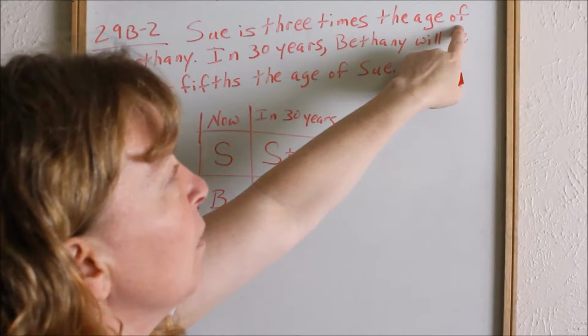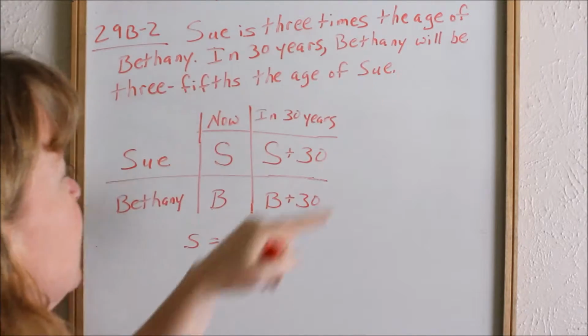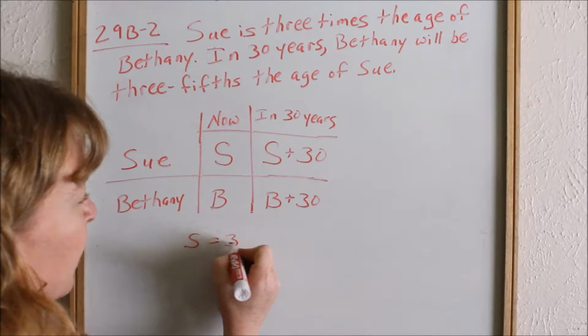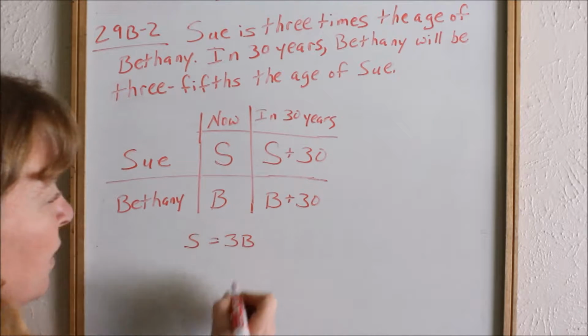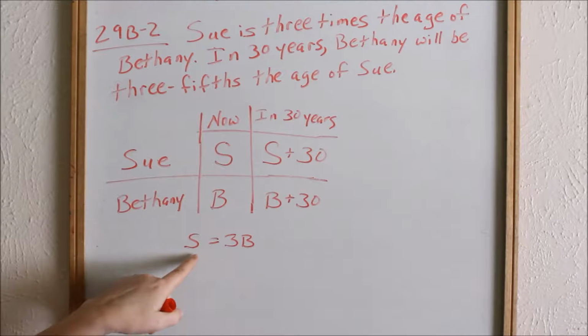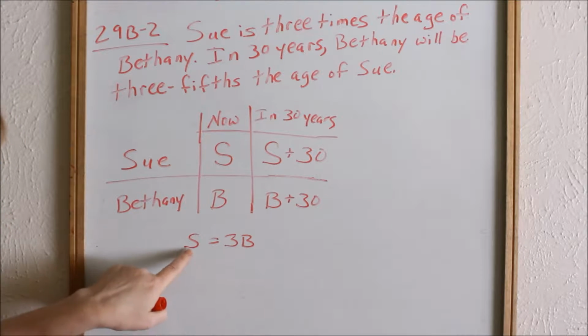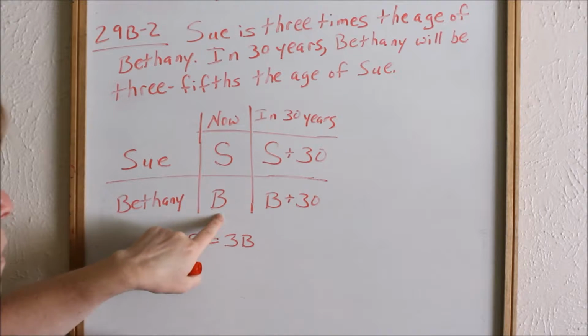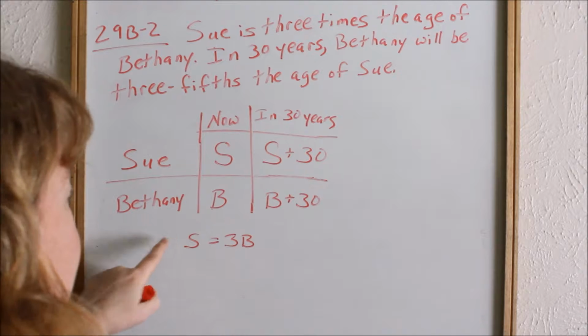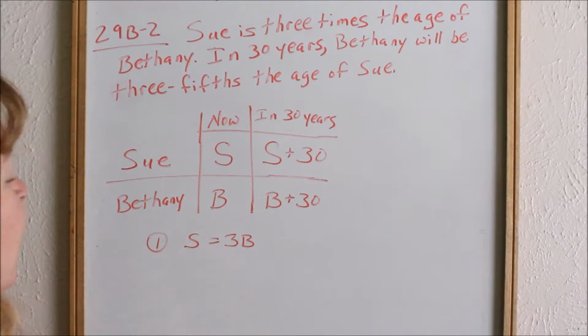What does of mean? Multiply. So she's 3 times Bethany. So there we go. Sue is 3 times Bethany's age. We're using S and B because S and B represent our present age today, for now. So that's one equation. Well, I have two unknowns, so I have to have two equations.